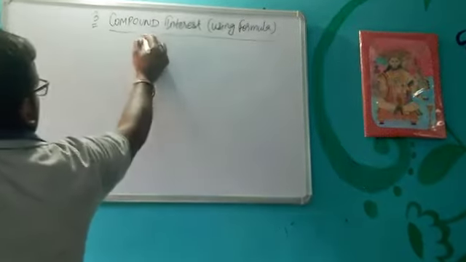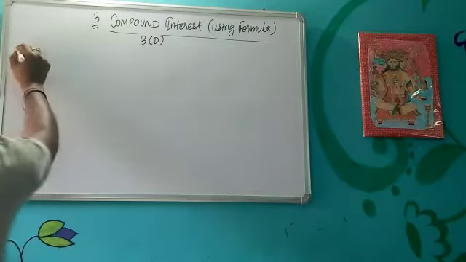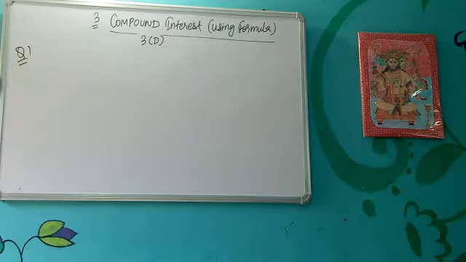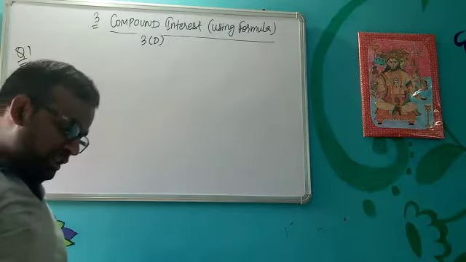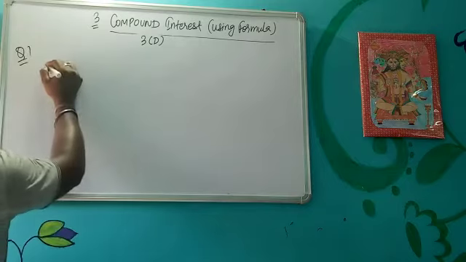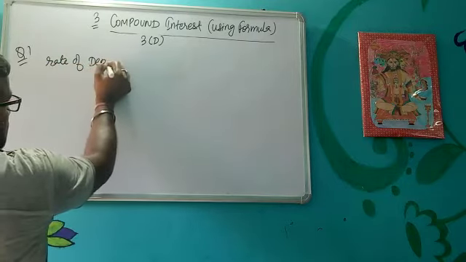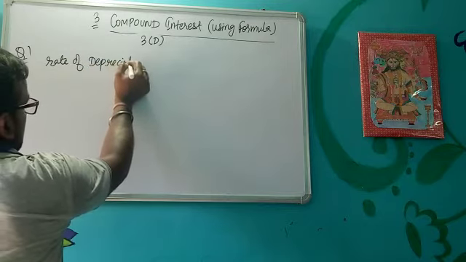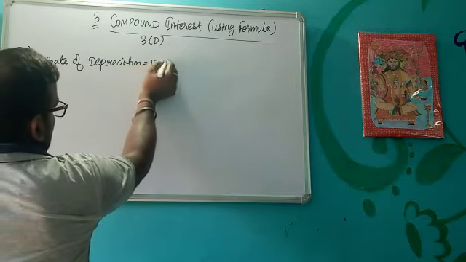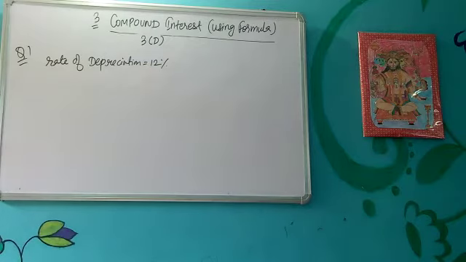In question number 1, the cost of a machine is supposed to depreciate each year. The rate of depreciation is 12% per year of its value.